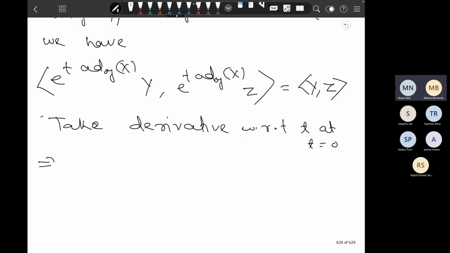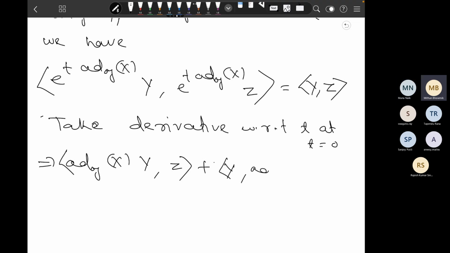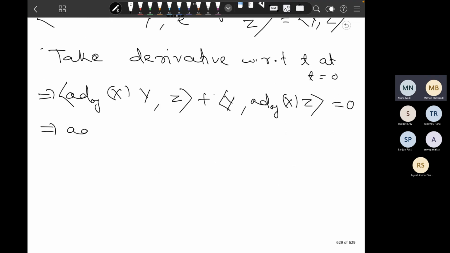That is, R_G(x) y, z is equal to minus y, R_G(x) z.